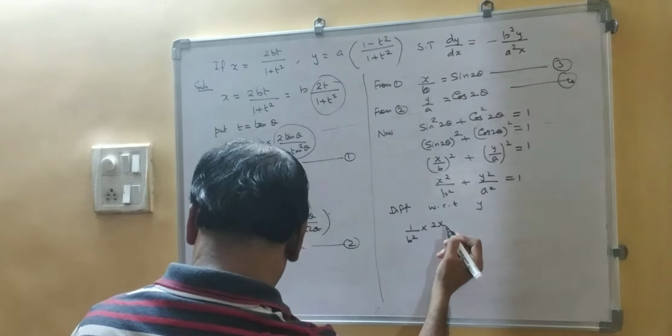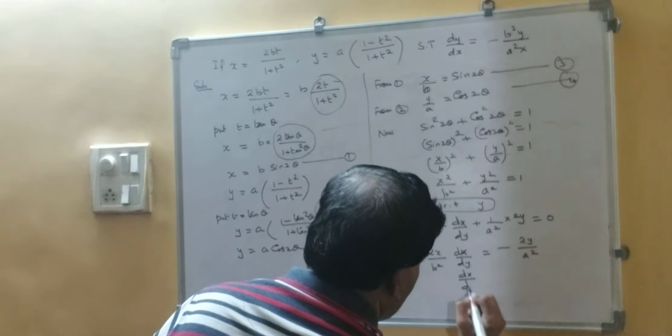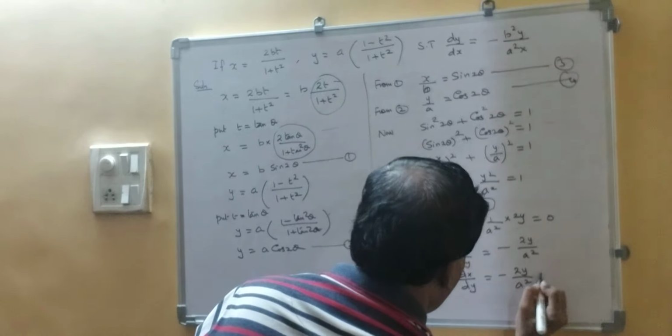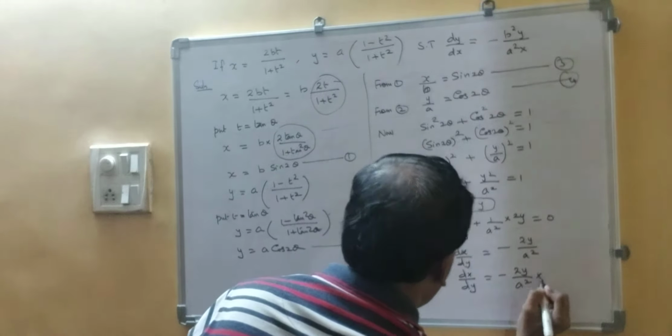Now 2x upon b square into dx by dy equal to minus 2y upon a square. Therefore dx by dy equal to minus 2y upon a square into, cross multiplying, b square upon 2x. So what we get is the required answer.